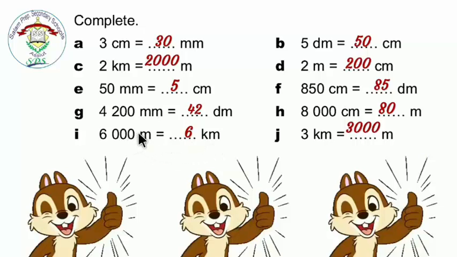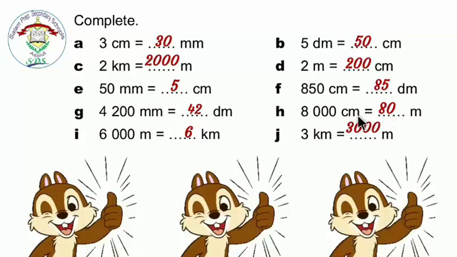So we will cancel 3 zeros. 5 decimeters equal 50 centimeters. 2 meters equal 200 centimeters. 850 centimeters equal 85 decimeters. 8,000 centimeters equal 80 meters.